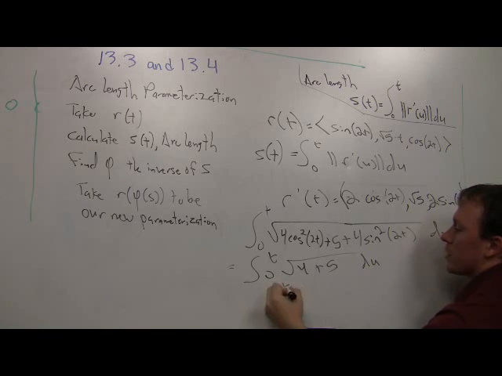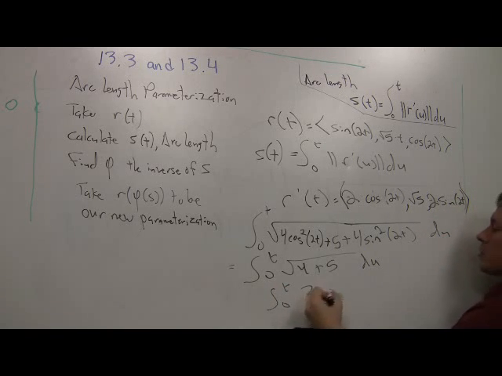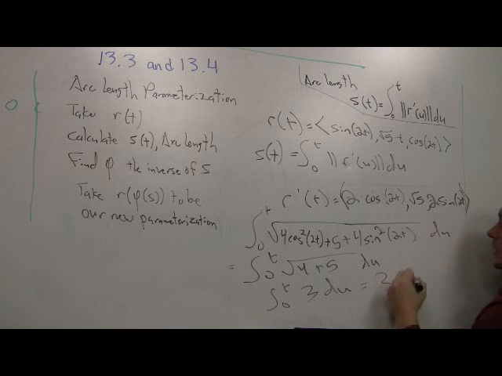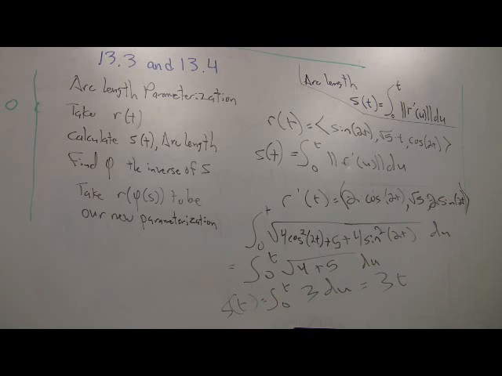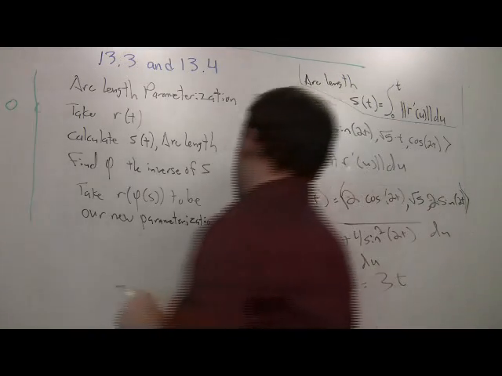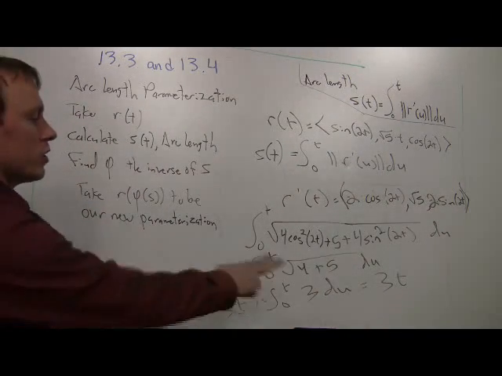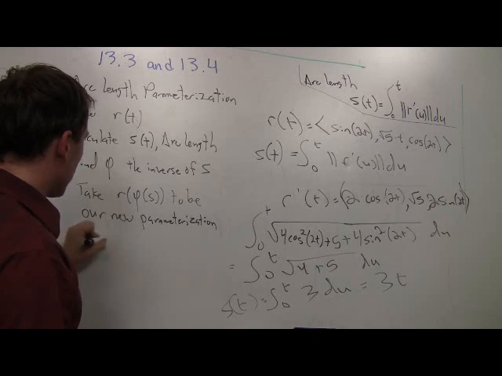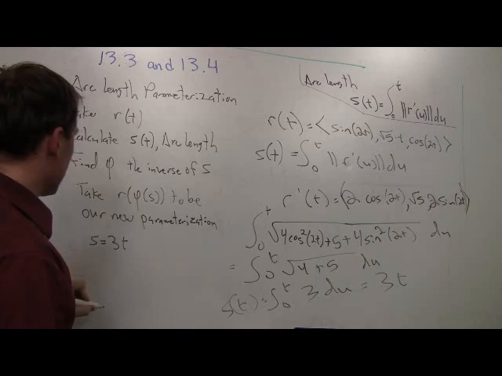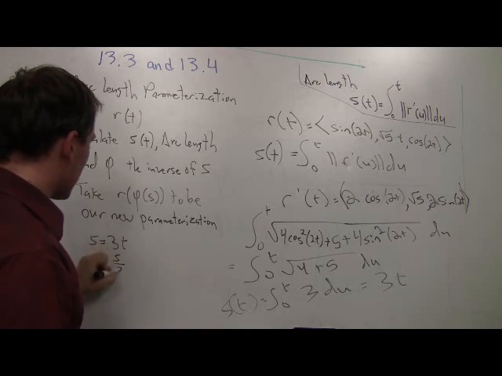We get the integral from 0 to t of the square root of 9, which is 3, du, which should be 3t. So s of t will be 3t. We can easily calculate the inverse of this. The inverse function of s equals 3t will be phi equals s over 3.